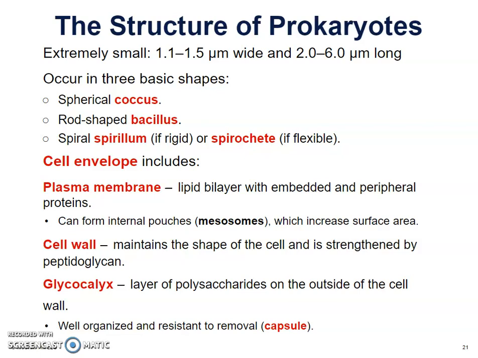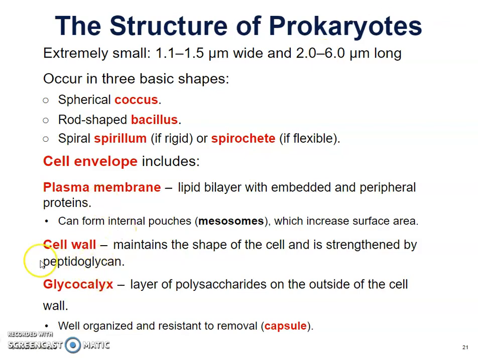The cell envelope, the outer part of the prokaryotic cell, includes 3 things: the plasma membrane, which is made of those phospholipids that we talked about last chapter, the cell wall, which is made up of peptidoglycan. This also contains other molecules, but mainly strengthened by peptidoglycan.